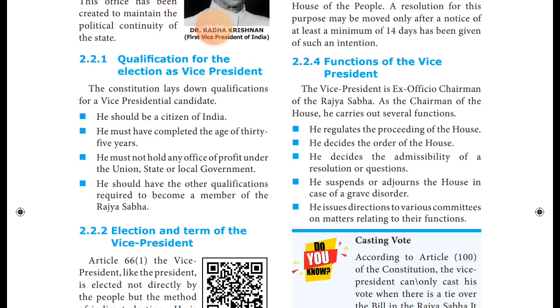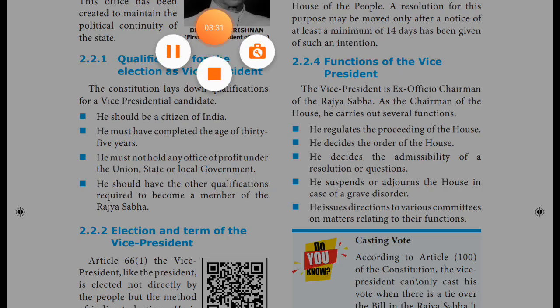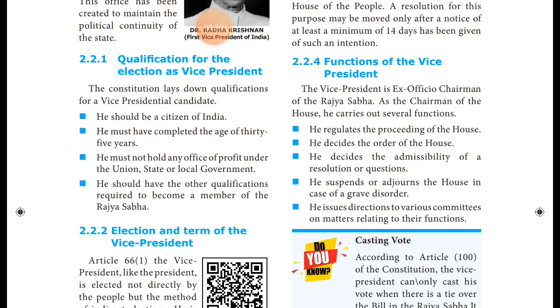Okay, what are the questions asked from this topic? First one, what are the organs of the union government? The next, what are the qualifications of the President? And some of the interior questions they will ask. Which article mentions the central government executive, the union executive?